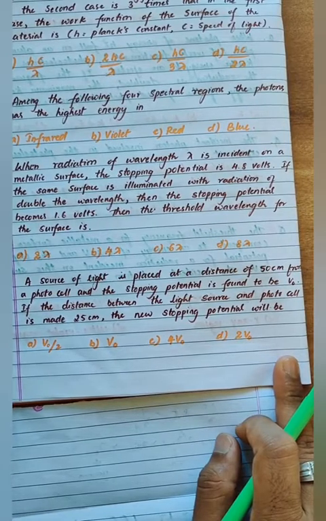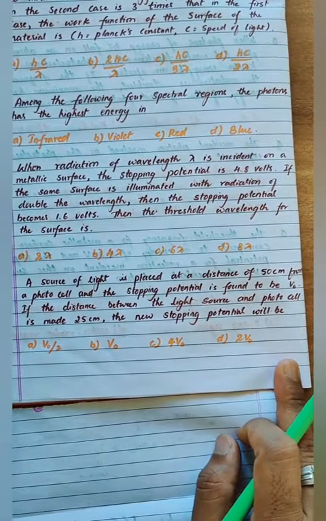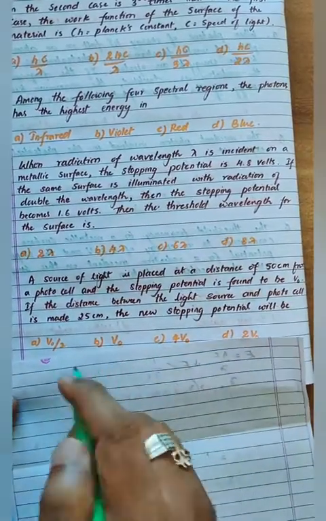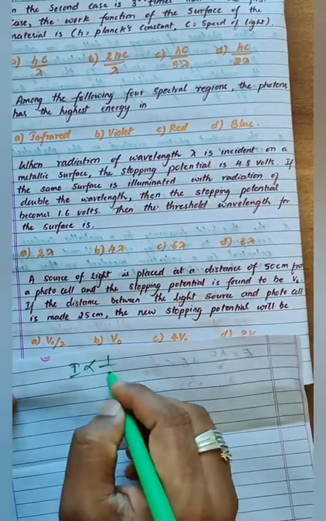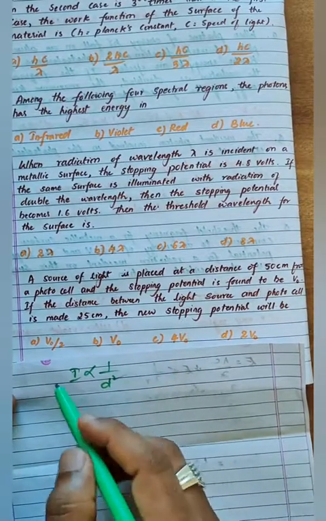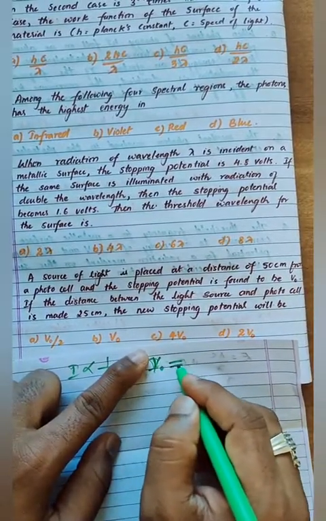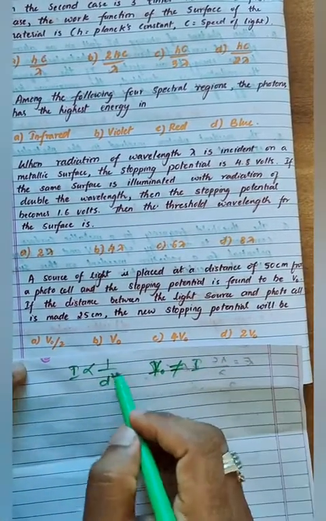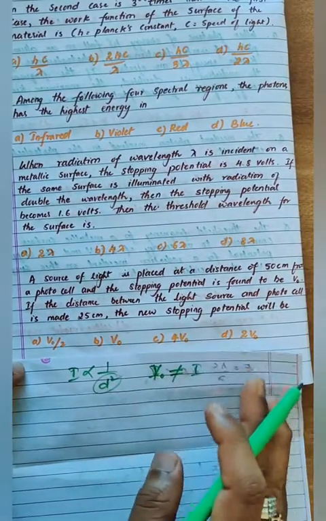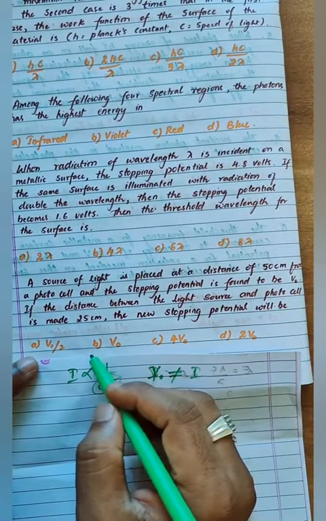We know that intensity is proportional to 1 by d square, but the stopping potential V0 is not dependent on intensity. It means it is not dependent on d square or d either. So it will remain the same. If earlier it is V0, then the new stopping potential is also V0.